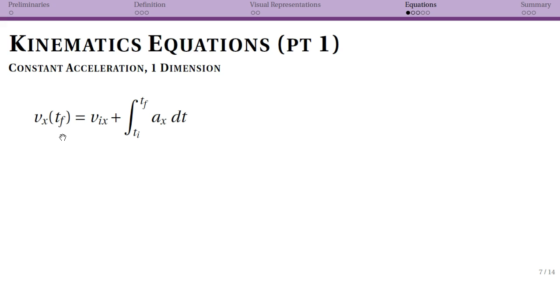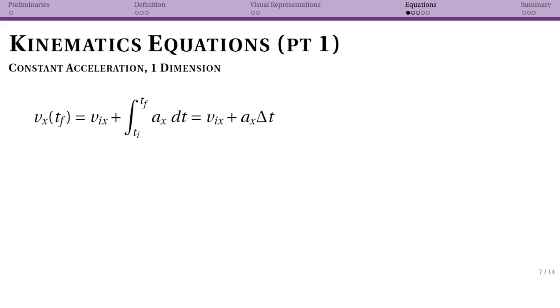And we've said that velocity at some final time, so I could write this as v subscript fx, is going to be equal to our initial velocity plus our integral of acceleration, and this is really just the definition. So this is always true, regardless of whether you have constant acceleration or not.